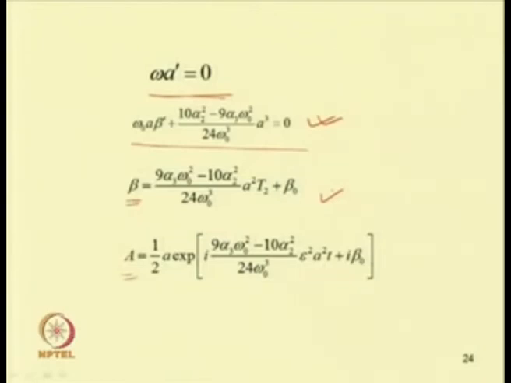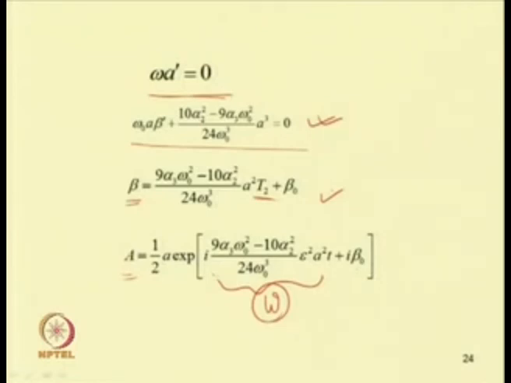So, t 2 equal to, replacing t 2 by epsilon square t. So, you can write this epsilon square a square t plus i beta 0. So, one can note that this term is the resulting frequency of the system. That means, in case of the nonlinear vibration, the system will vibrate with this frequency. So, the frequency is no longer equal to this omega 0, unlike in the case of the linear system.